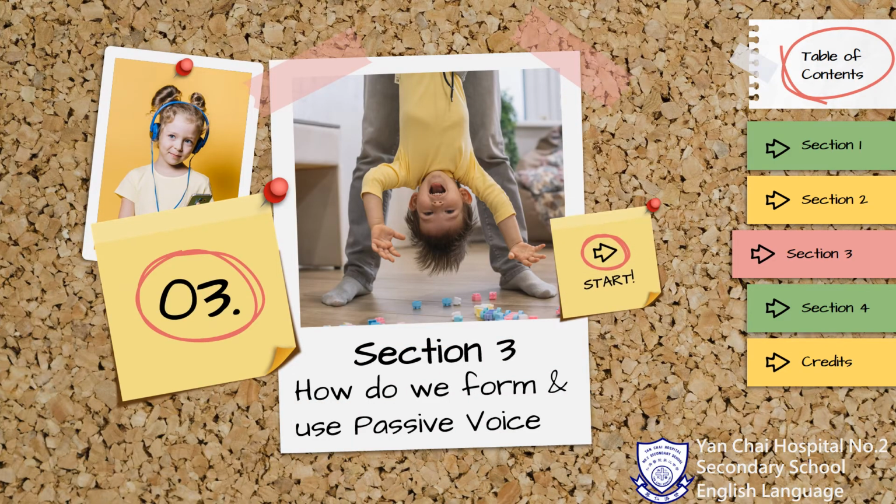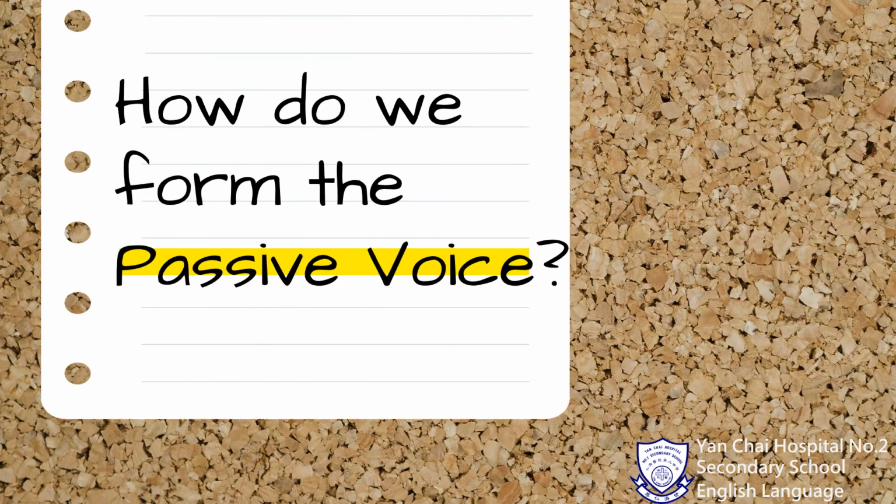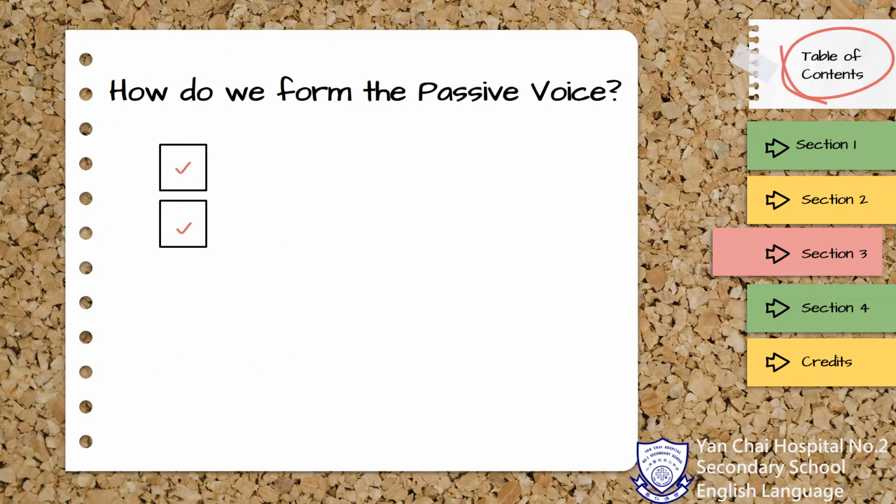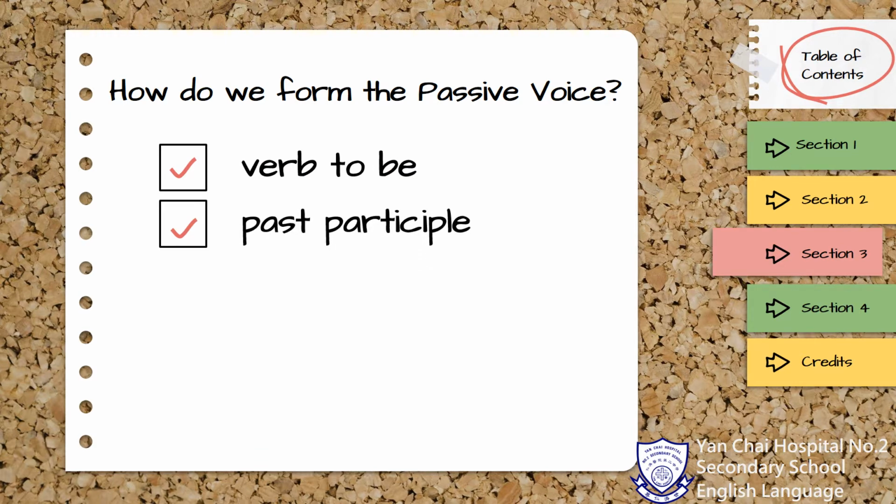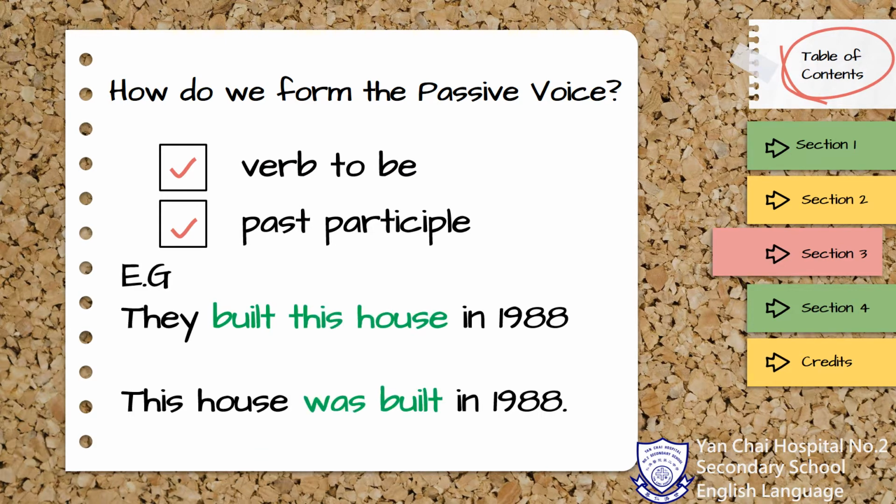Number three, how do we form and use passive voice? So here we need the verb to be and the past participle. For example, they built this house in 1988. So this is the original sentence in active voice. But the new sentence is, this house was built in 1988.